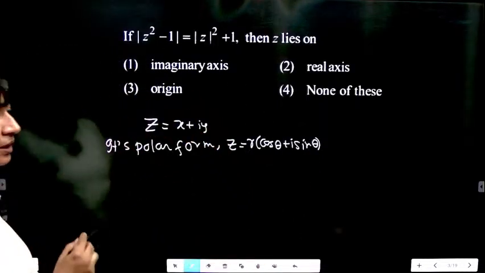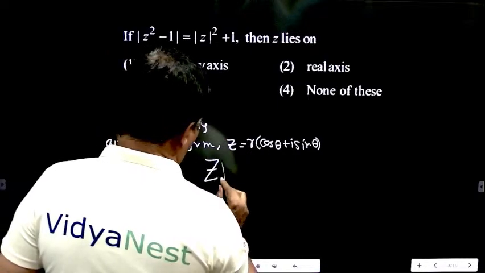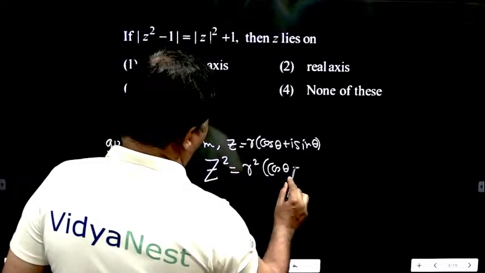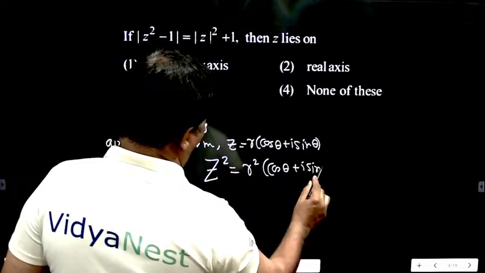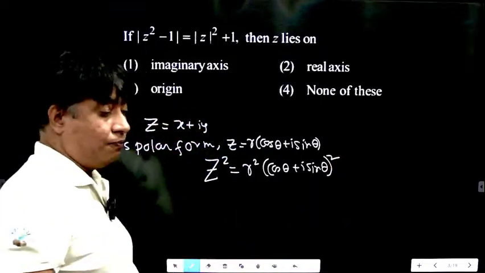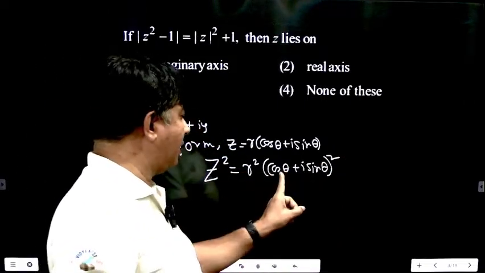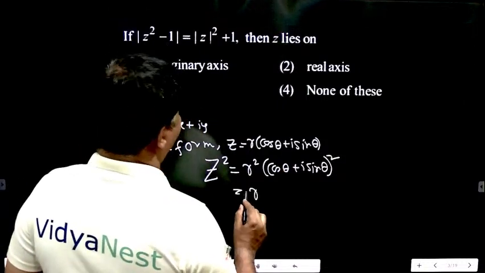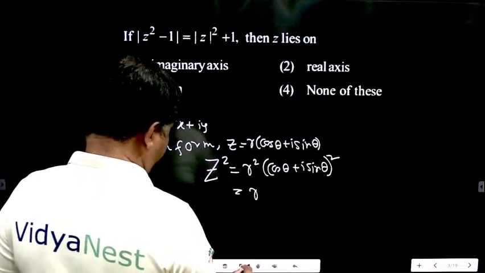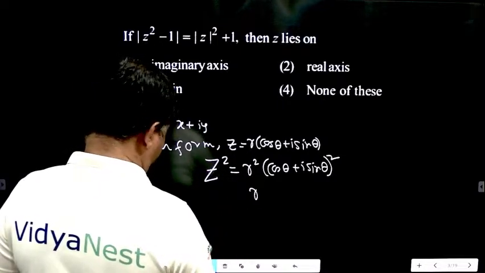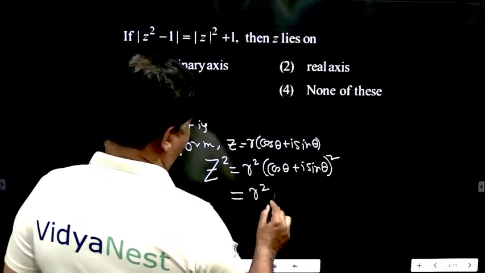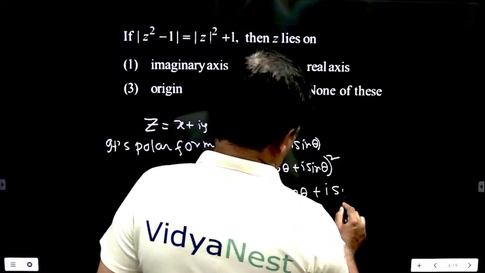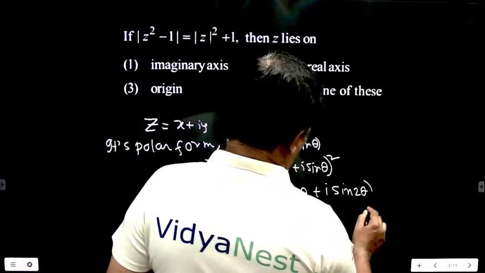Now, how to find Z square? Z square is by de Moivre's theorem. You are quite familiar with this theorem. The power of the polar form will become the multiple of theta. So this will become r square (cos 2 theta plus i sin 2 theta).